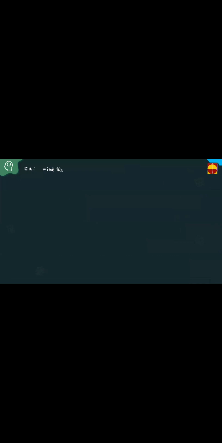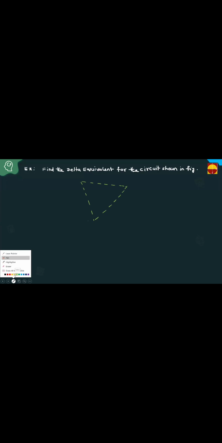Find the delta equivalent for the circuit shown in the figure. If it is given like this, this is the delta connection, and these are the star impedances given.